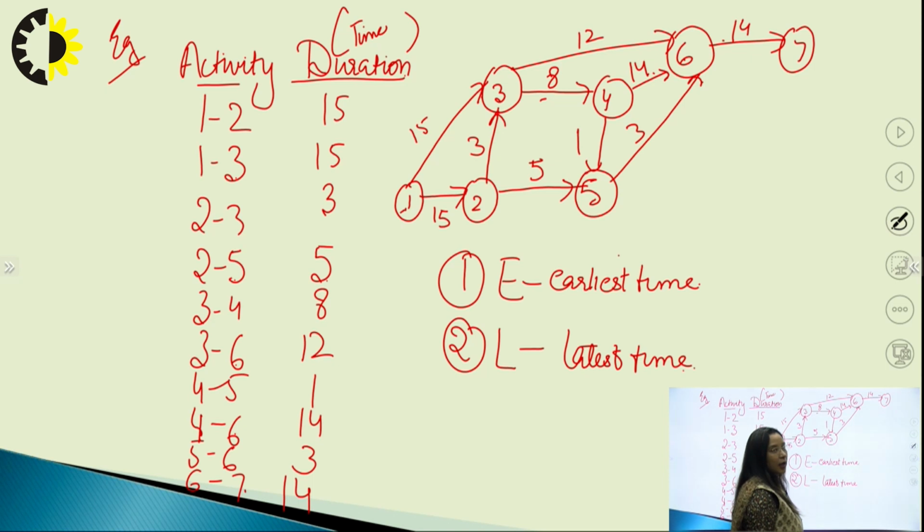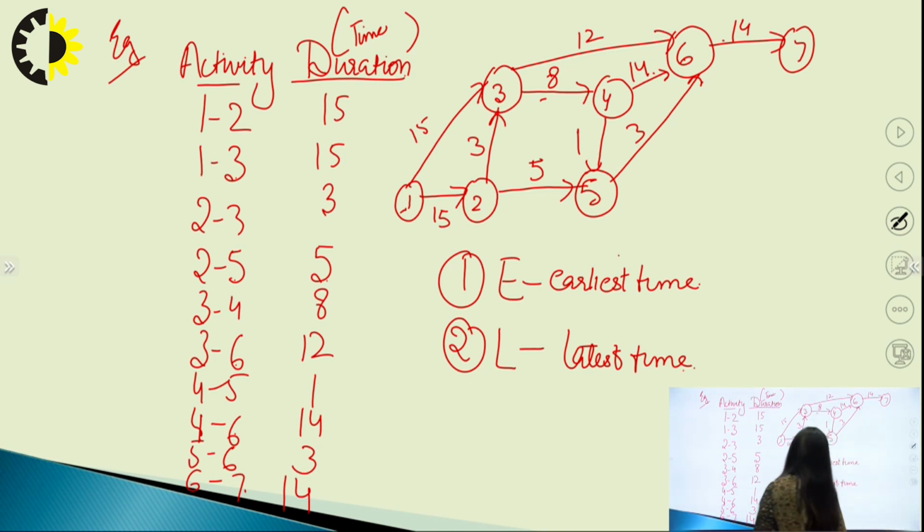The earliest time is the time at which the activity can be started, and the latest time is the maximum time in which it can be completed. So we have to find out for each event the earliest and latest time.